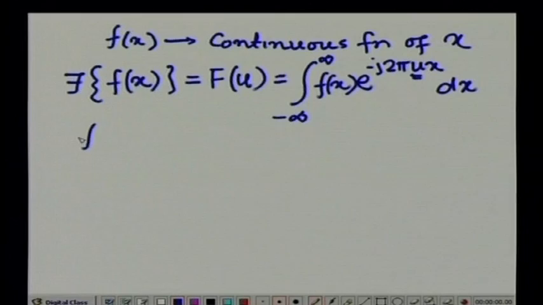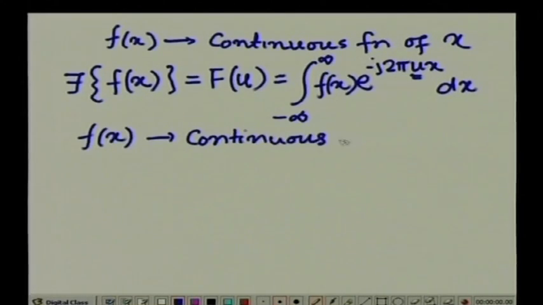Now, for doing this continuous Fourier transformation, the function f(x) has to meet some requirements. The function f(x) must be continuous, and it must be integrable. If f(x) meets these two requirements, then using this integral operation we can find the Fourier transformation of f(x). Similarly, we can also have the inverse Fourier transformation.